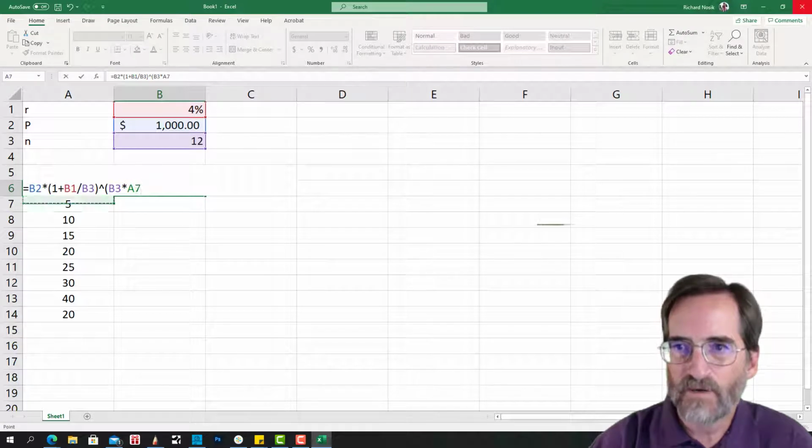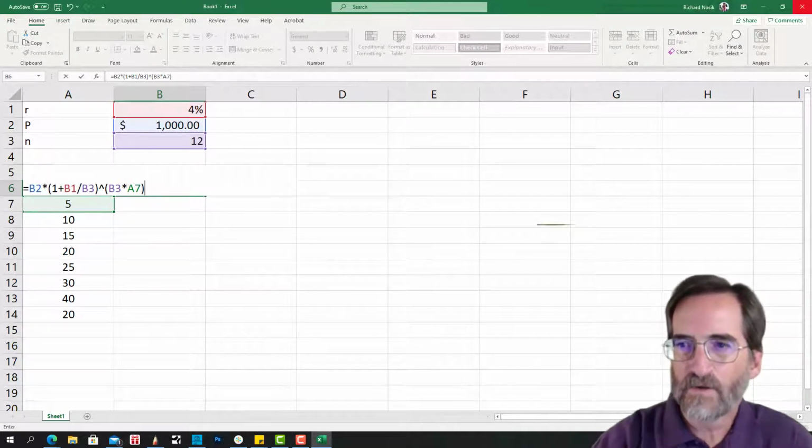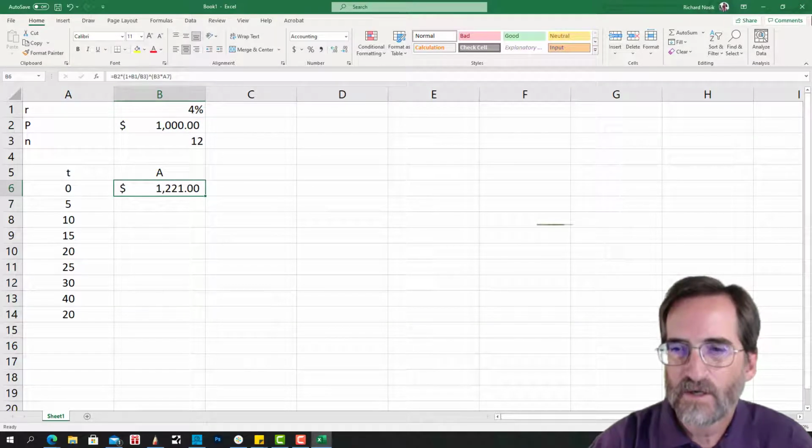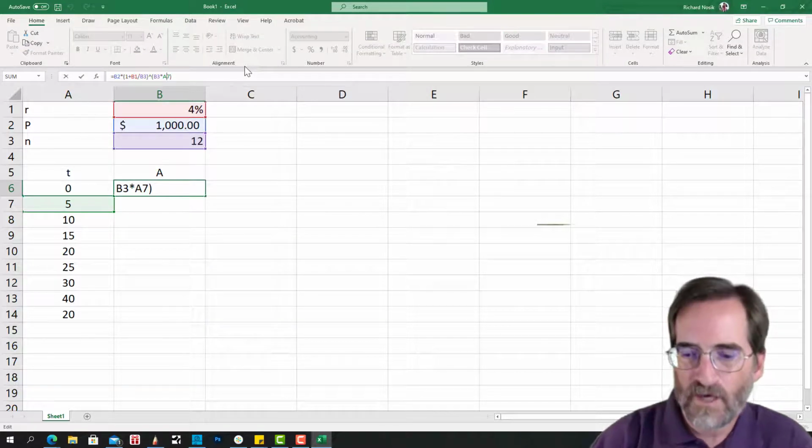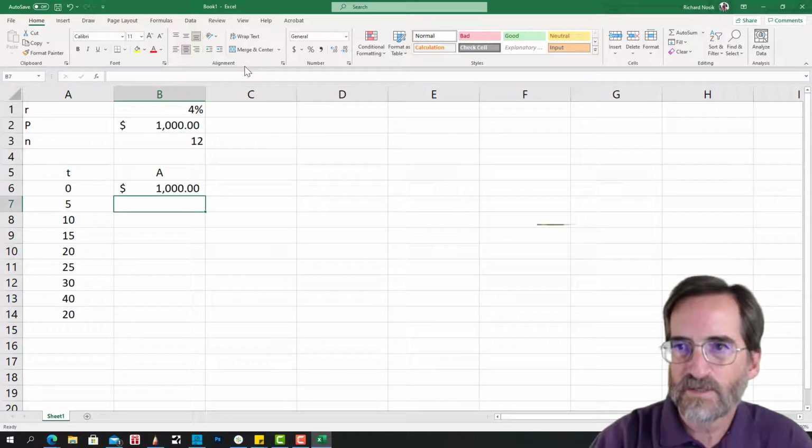Now the time is right here. Close parentheses. Okay. And let me check the formula here. B2, B1, B3. A7 is the wrong one. It should be A6, I thought that happened.